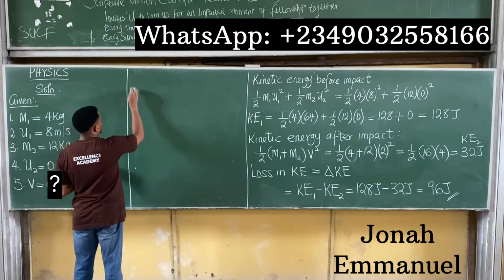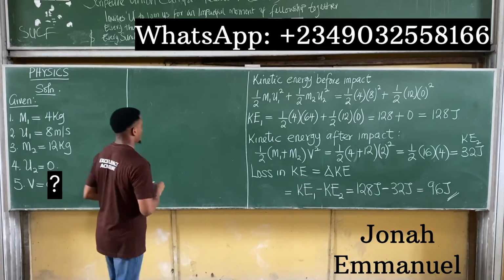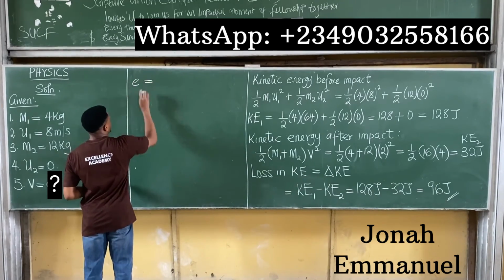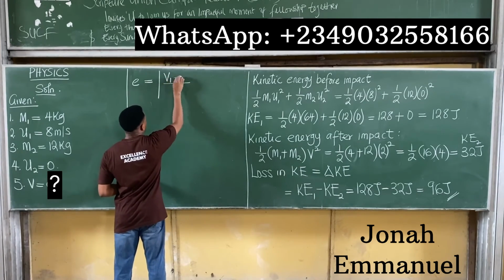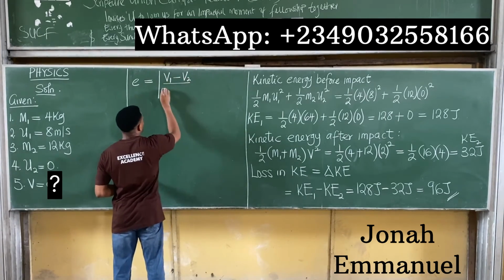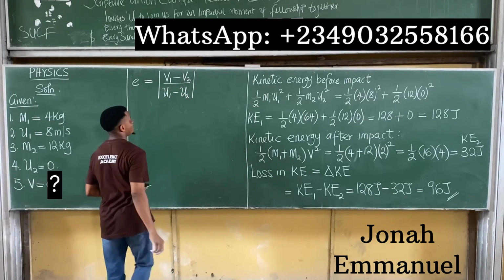Using the concept of coefficient of restitution, E is equal to the absolute value of V1 minus V2 all over U1 minus U2, of course, absolute value.